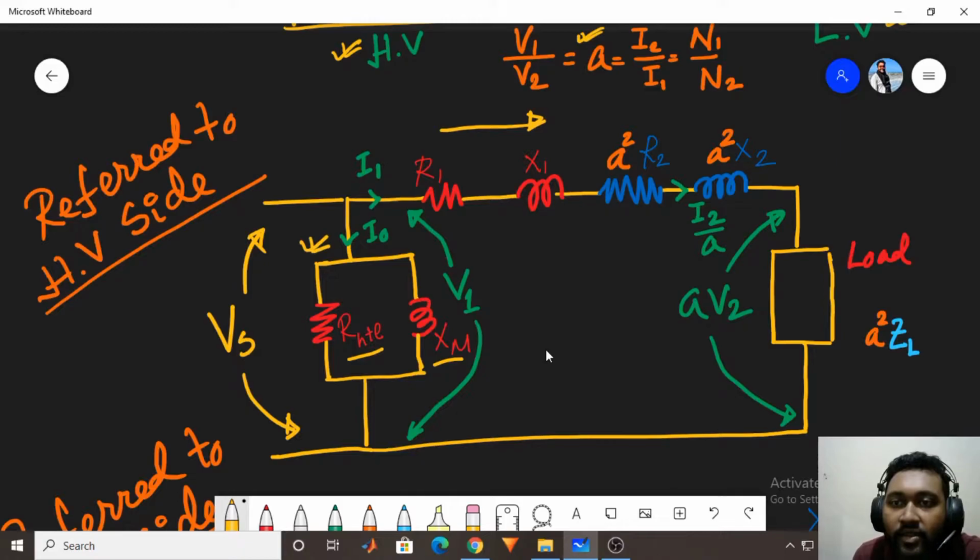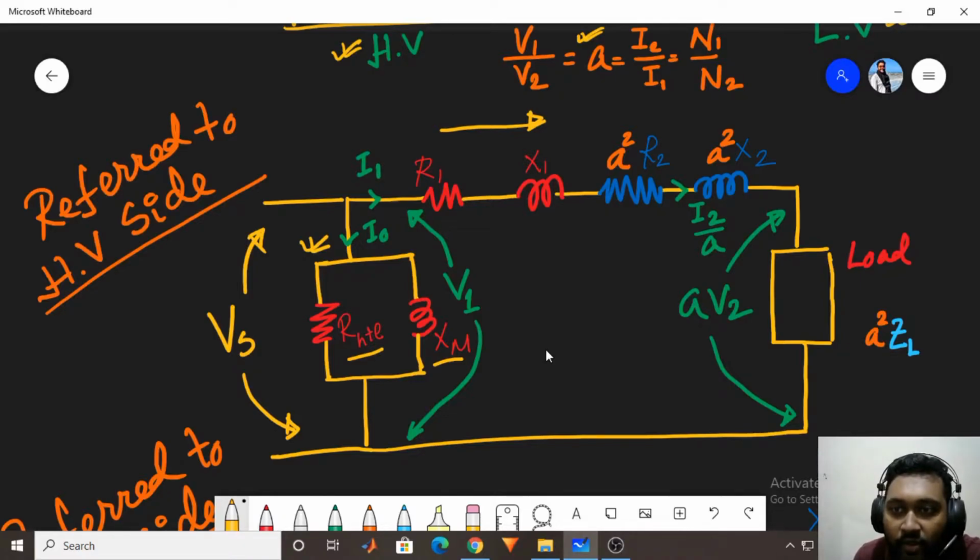Finally, we can see that the high voltage side resistance R1 is as it was, and X1, also a high voltage side reactance, doesn't change. But the low voltage side resistance, now referred to the high voltage side, is a squared times its original value, and the same goes for the reactance, and the same goes for the load that was on the low voltage side.